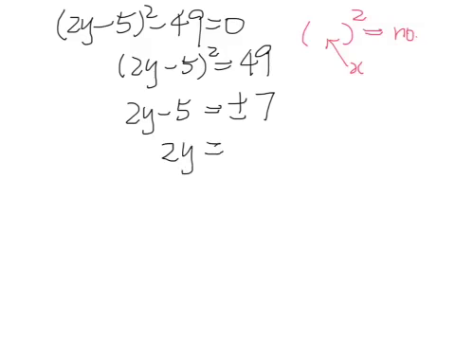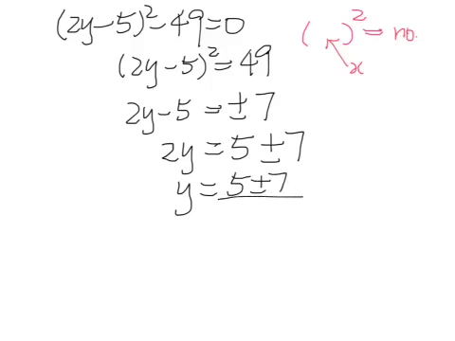Then 2y equals 5 because we move this minus 5 to the other side. So we have 5 plus or minus 7. And then we divide the whole thing by 2.